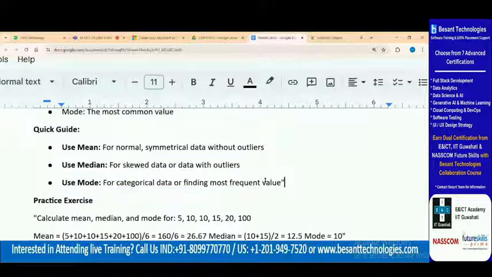Altogether, I have put here what mean, mode, and median are. Mean is used in symmetrical data without outliers. Median is used if your data is skewed. Consider you are in a class performing a test.